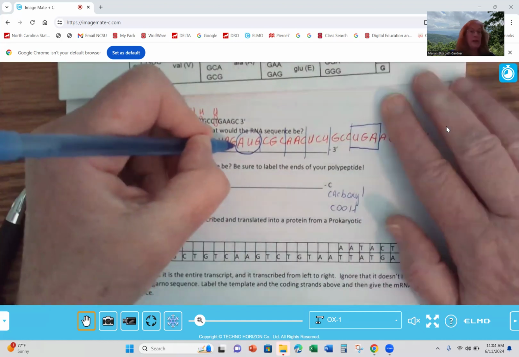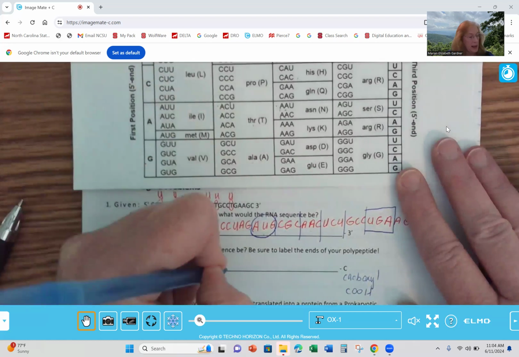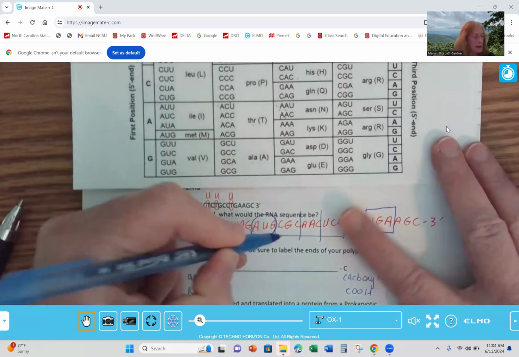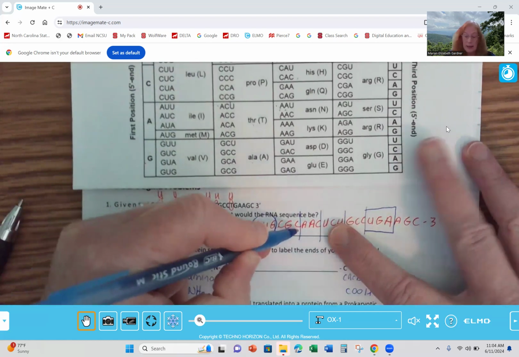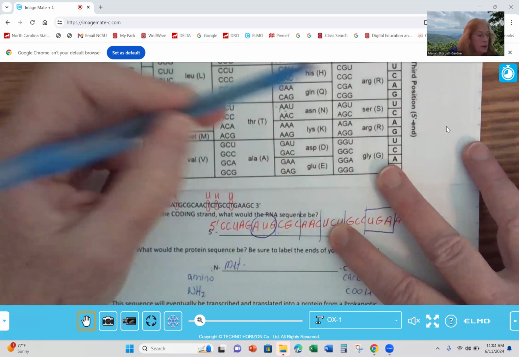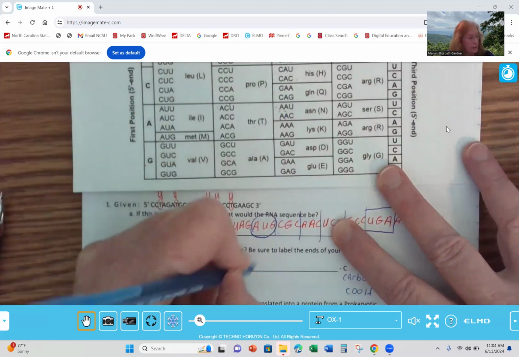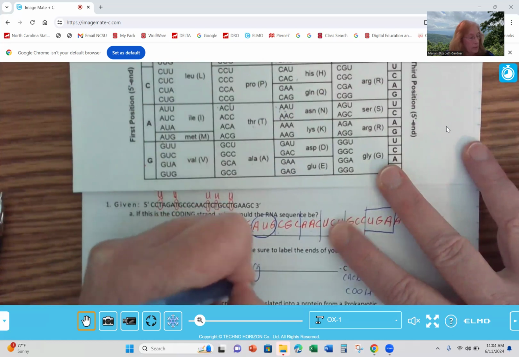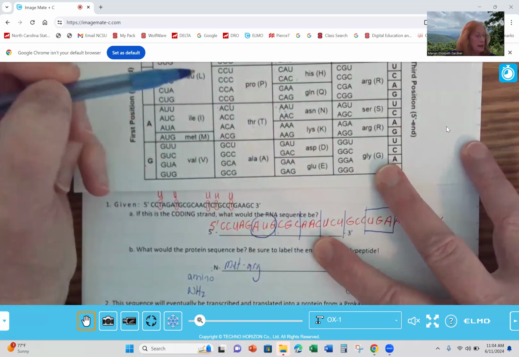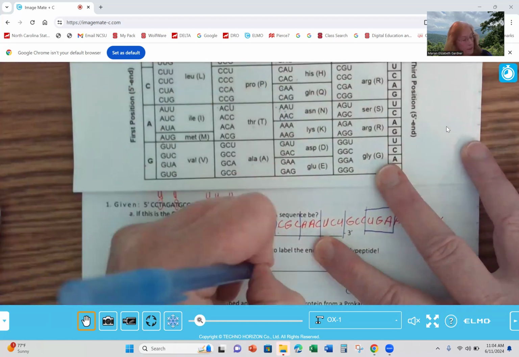The first one, AUG, go up to our coding dictionary. We know that codes for methionine. CGC, CGC codes for arginine. AAC, AAC codes for asparagine.